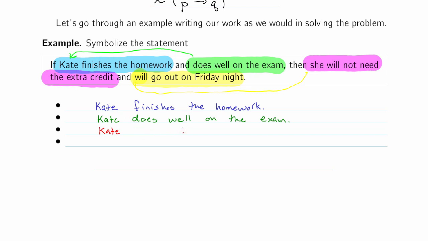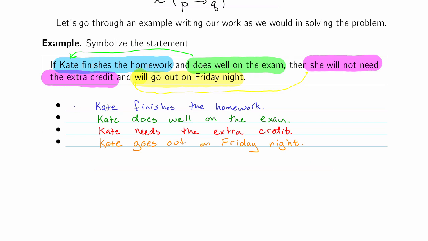So not Kate does not need the extra credit, but Kate needs the extra credit. And then our last simple statement is, we'll go out on Friday night. Who will go out on Friday night? She will go out on Friday night. Who's she? She is Kate. Kate will go out on Friday night. And again, I just put that in the present tense.